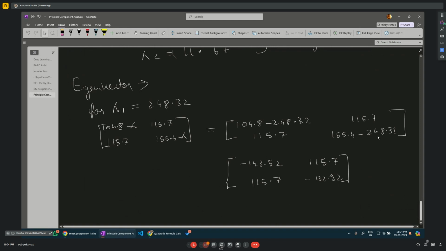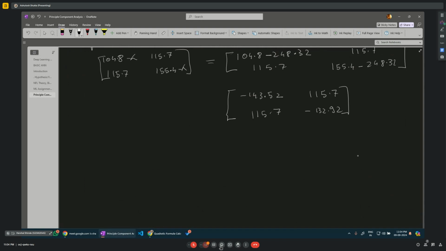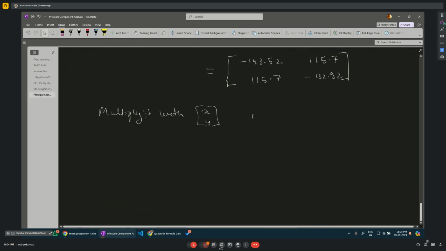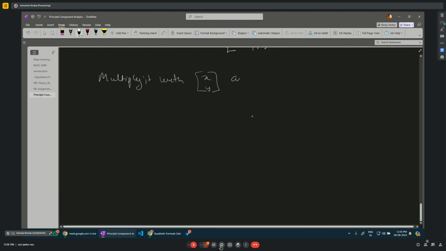Now what do we do with this matrix? We take this matrix, copy this. This is equal to, and what we do now is multiply it with x, y, and make it equal to 0.